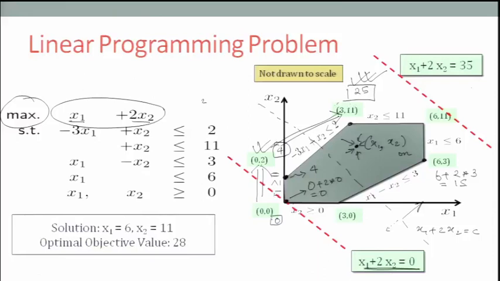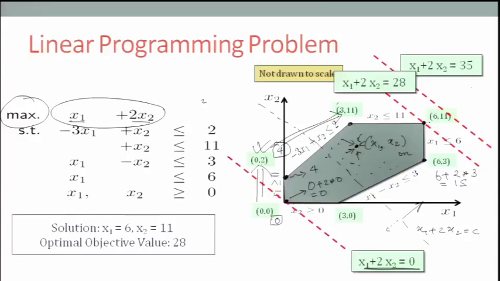So we can keep playing this game, but there are infinitely many points here. So how do we find the optimal answer? In this case, it's just staring at us, because all we do is look at where the straight line of x1 plus 2x2 touches the region, so that if you move the straight line ever so slightly, it no longer touches the region.